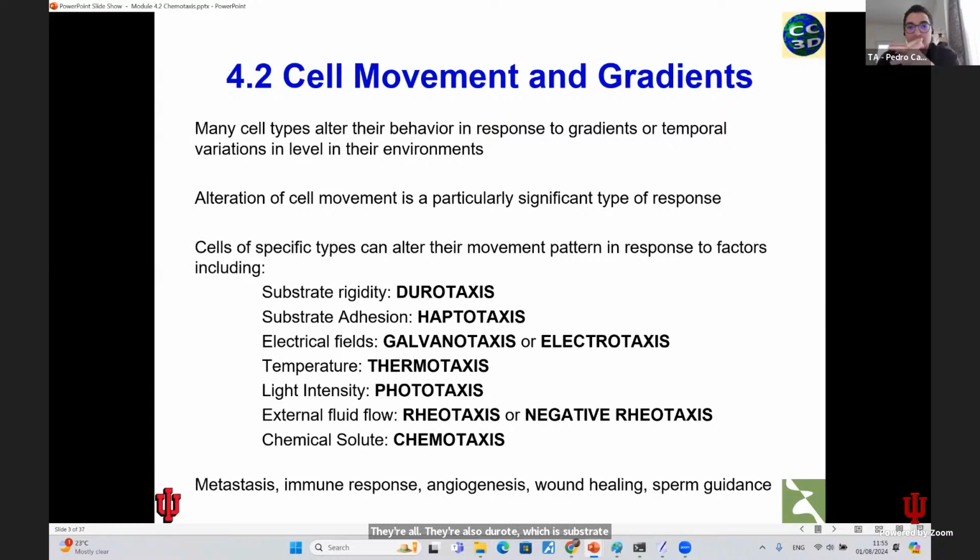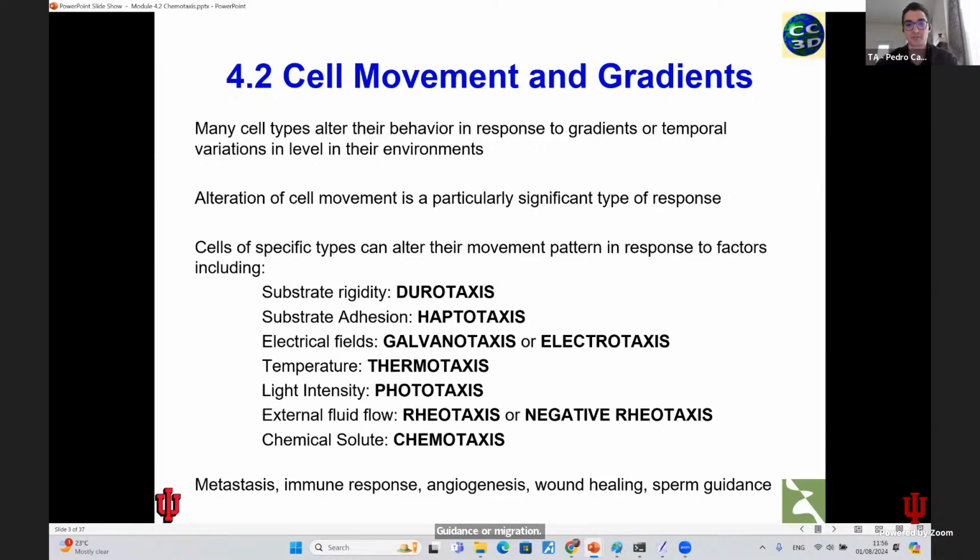There is also haptotaxis, which is substrate adhesion, or molecules that are deposited in the substrate. Galvanotaxis or electrotaxis is when cells migrate towards or against gradients of electrical potential. There is thermotaxis, which is gradients of temperature. Phototaxis, light intensity. Rheotaxis, which is external fluid flow guiding cell migration.